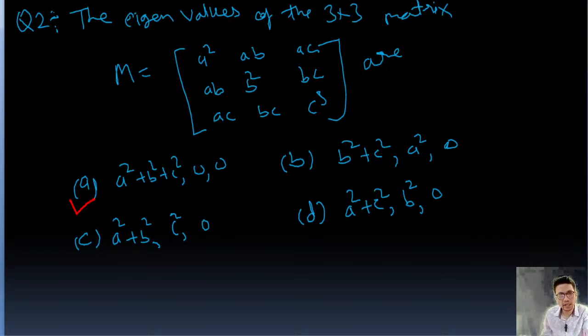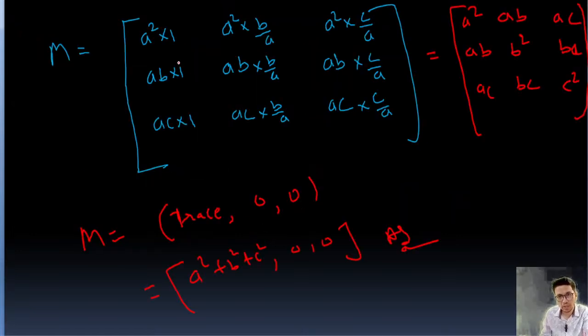We are able to write these eigenvalues directly because we can write this matrix as a scalar multiple of any rows or column. So we have written this matrix as a scalar multiple of this first column. I hope, guys, you have got the point.